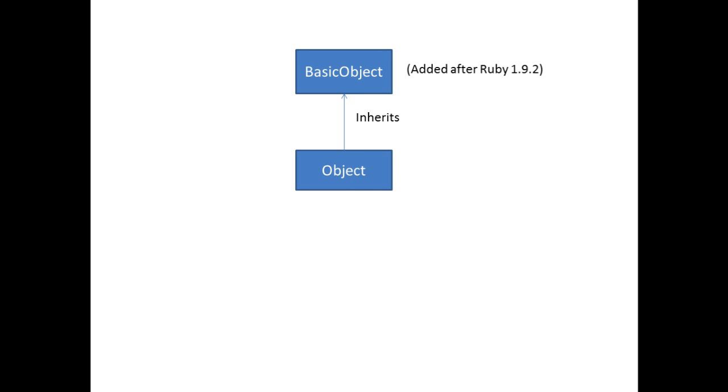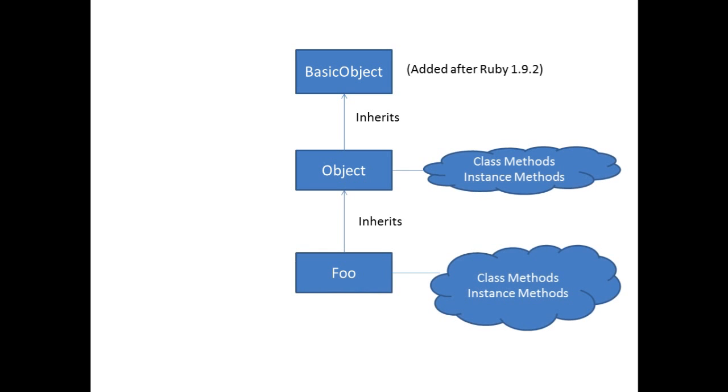Object class is what we'll use frequently in our daily programming because, like many other object-oriented languages, Ruby allows you to define your own class. And if you don't explicitly define the superclass of your own class, it's gonna inherit the object class. So now let's define a class called foo.